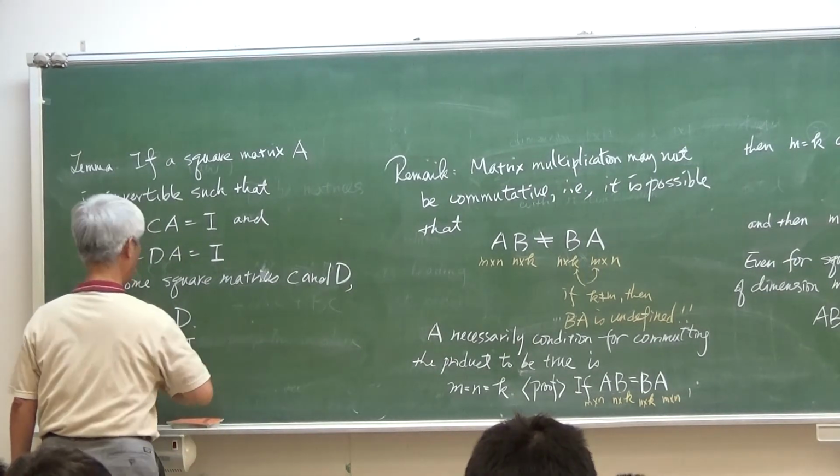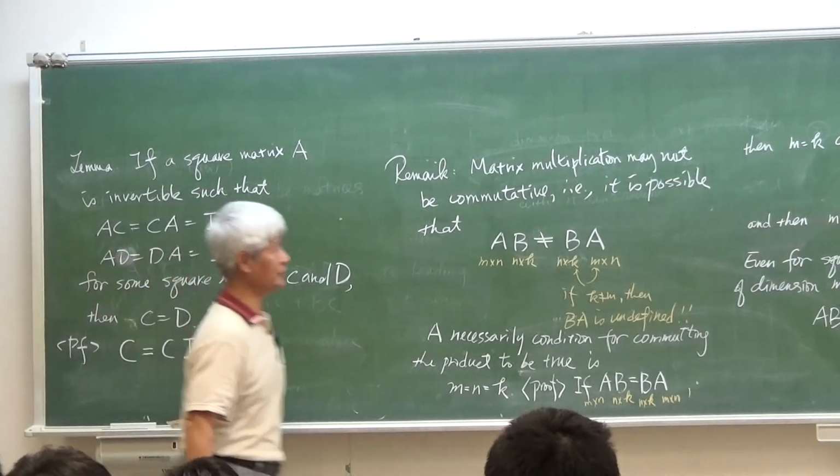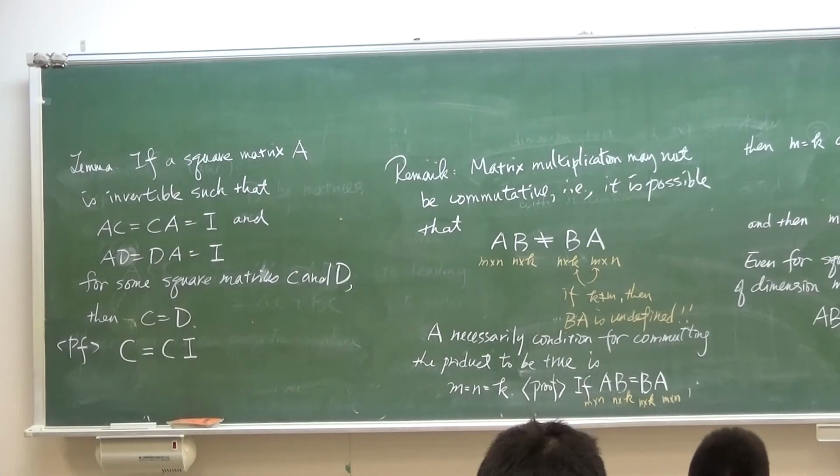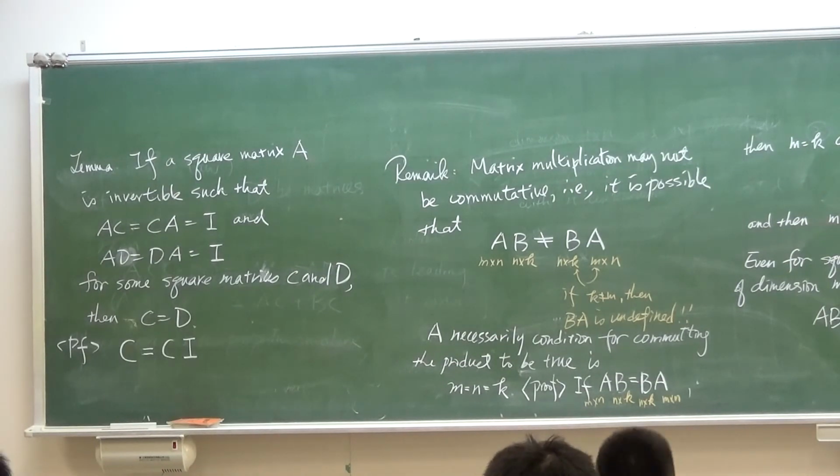Oh, by the way, I forgot to mention a property of the identity: A times I equals I times A equals A. So if I have the identity matrix, they are all M times M matrices.